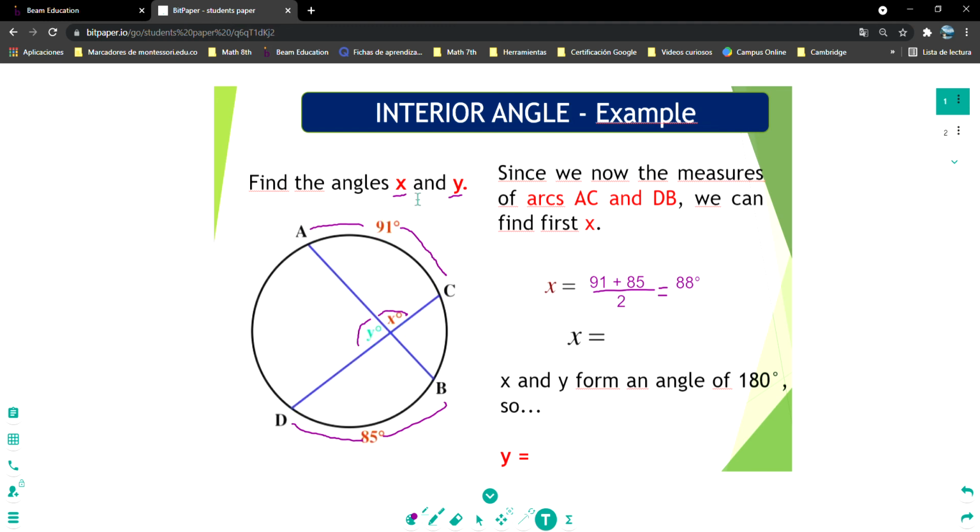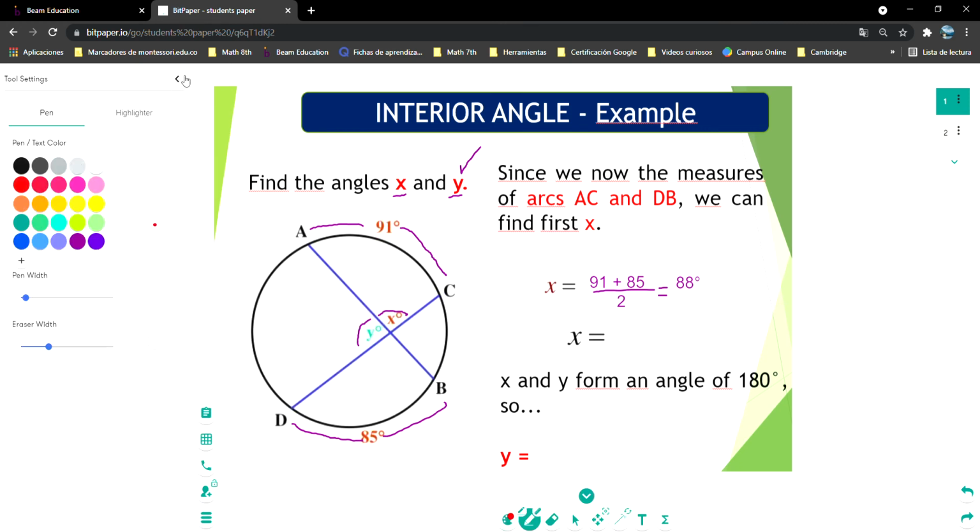But now, guys, they also ask you to find the angle Y. But here, to find the angle Y, we would need the arc AD, that we don't have, and we also need the arc CB. This is some information that we don't get right now. So, guys, we can use the theory of supplementary angles.